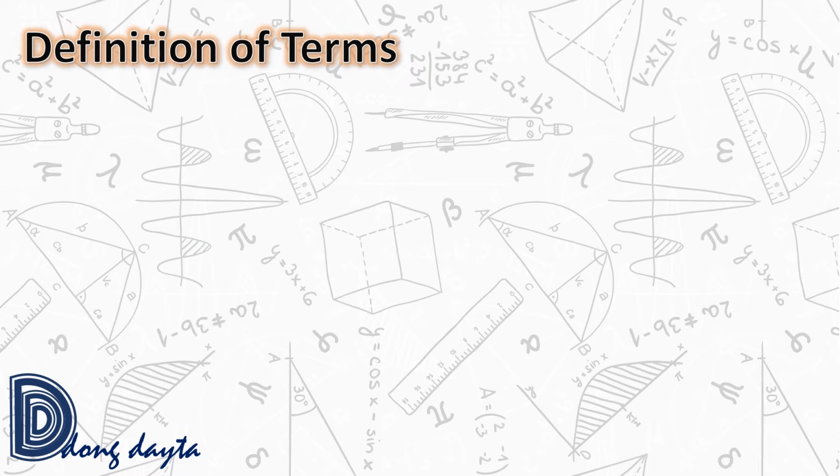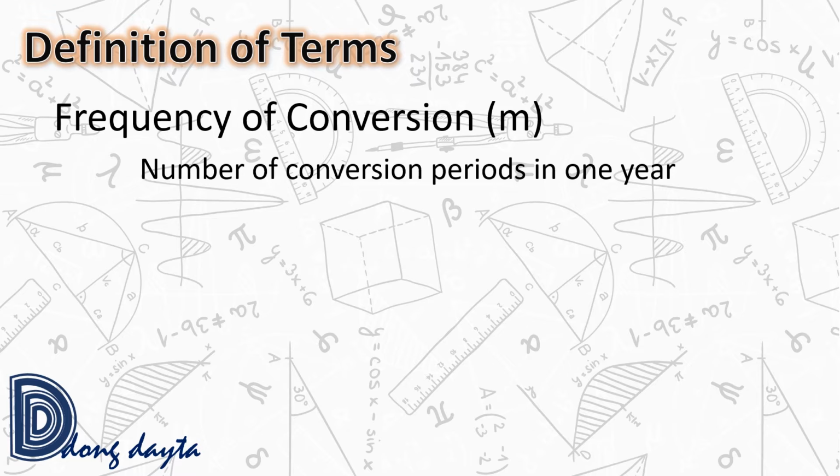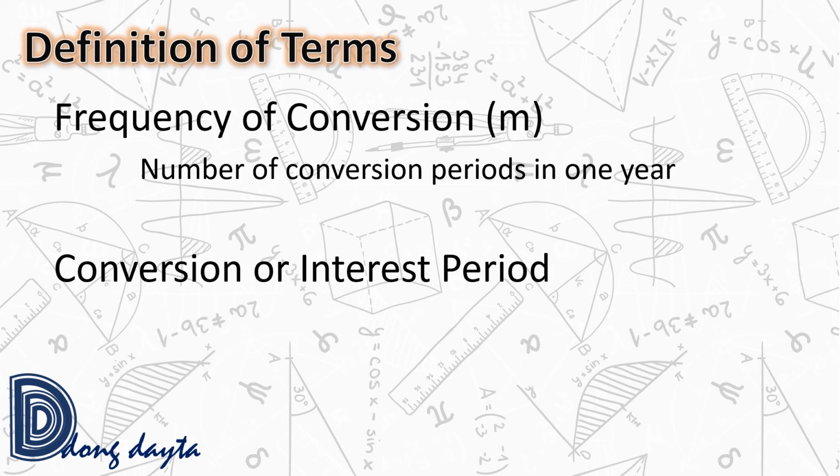Let us begin with some important terms. Frequency of conversion. In our computation, we're going to use the variable m as representation. This is the number of conversion periods in 1 year. Conversion or interest period.